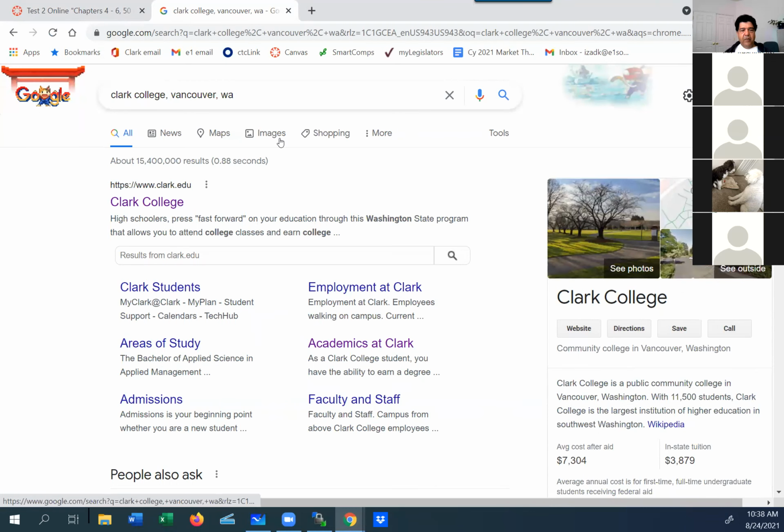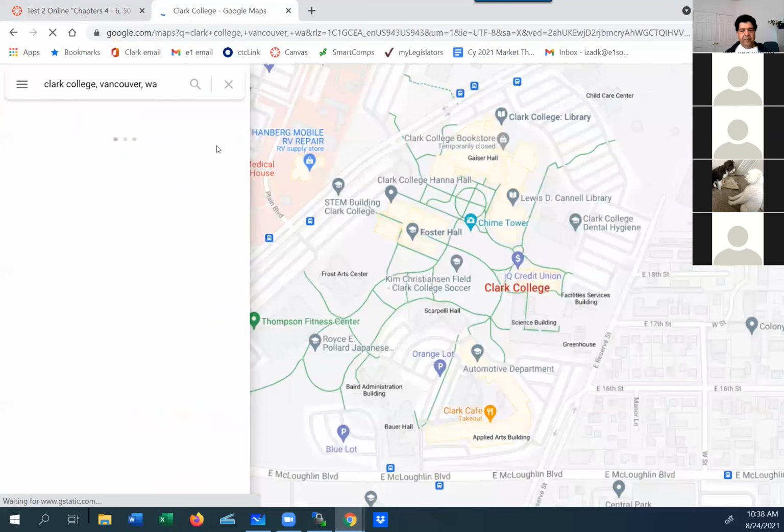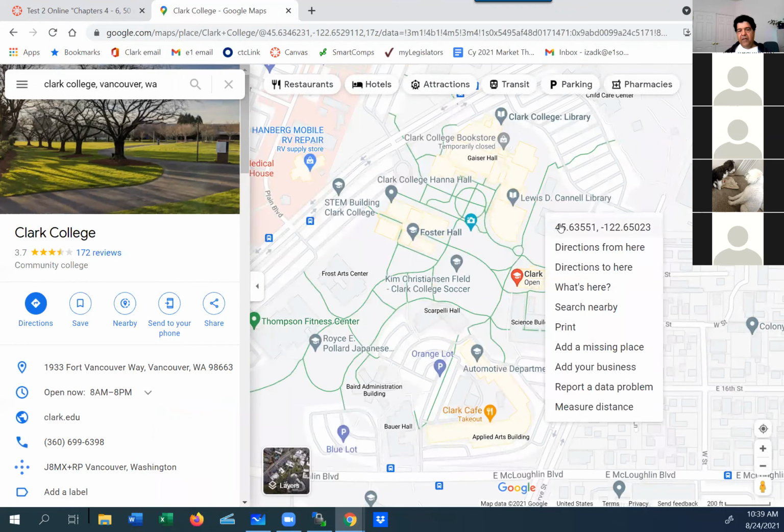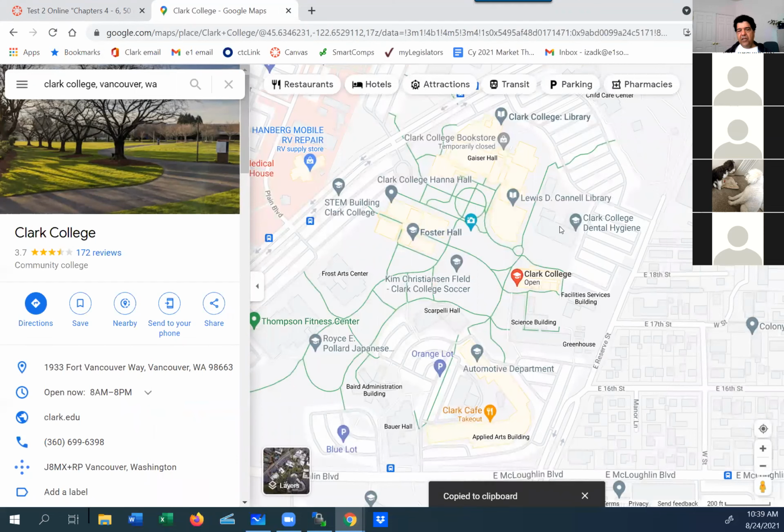And we can go to the mapping. And I want to meet somebody for whatever reason. I want to meet somebody right here. So I can literally get this GPS location.